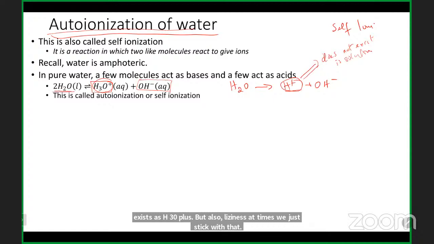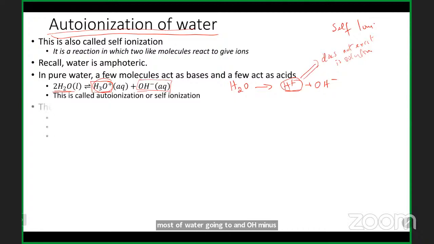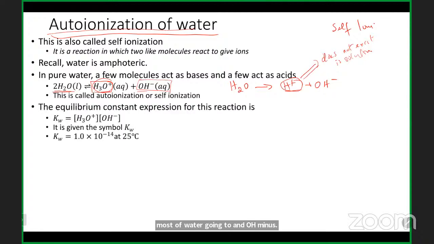So you see, it's 2 moles of water going to H3O plus and OH minus. Because this is an equilibrium, the equilibrium constant expression is the concentration of H3O plus times the concentration of OH minus.